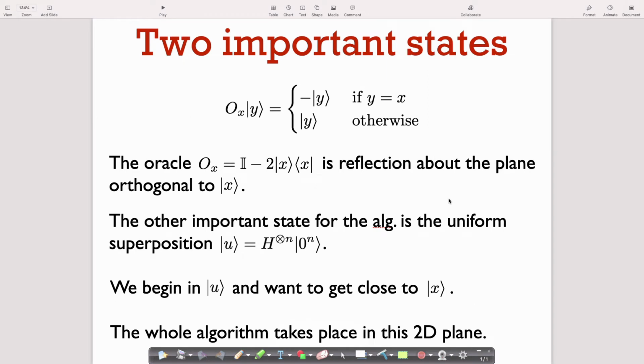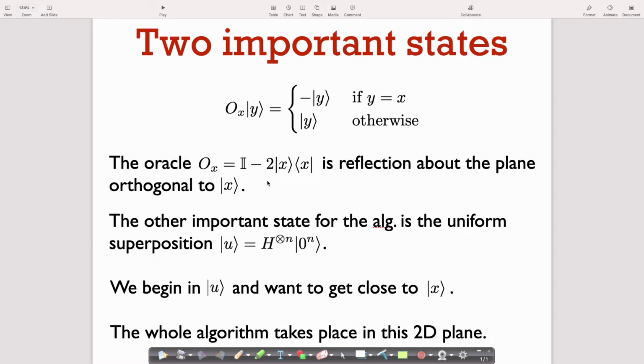It's going to be helpful to think about this oracle in a more geometric way. You can write O_x just as the identity minus 2 ket x bra x. So this is actually just a reflection about the plane orthogonal to x. Again, we're just multiplying the component of the state parallel to x by -1.